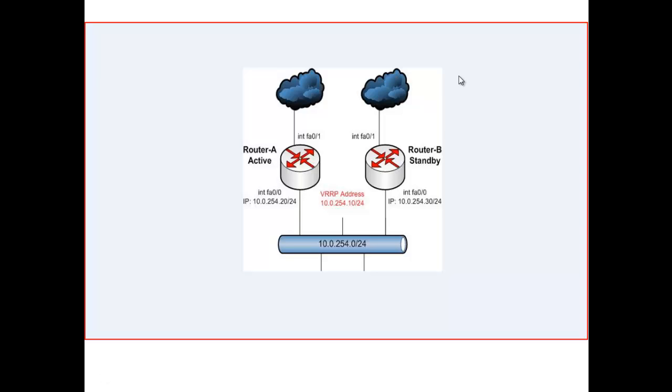So normally in VRRP operation, the master router sends a special VRRP packet known as an advertisement to the backup router. So in our own case, router A sent a special VRRP packet known as an advertisement to the backup router, which is router B standby. Normally advertisement intervals can be set by the user, but the VRRP default is 1 second.